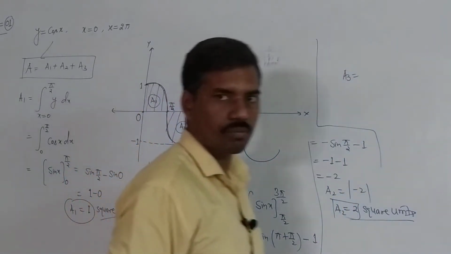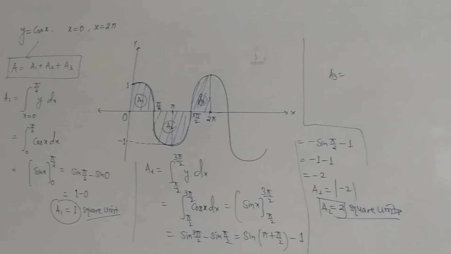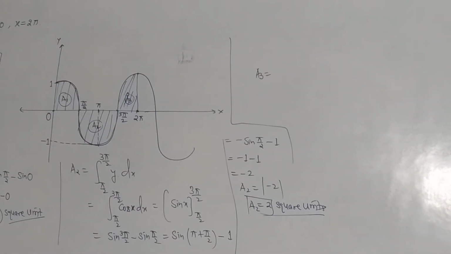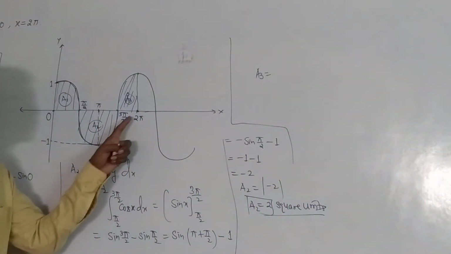Okay, please make a note. Then A3 is the region made from 3 pi by 2 to 2 pi.